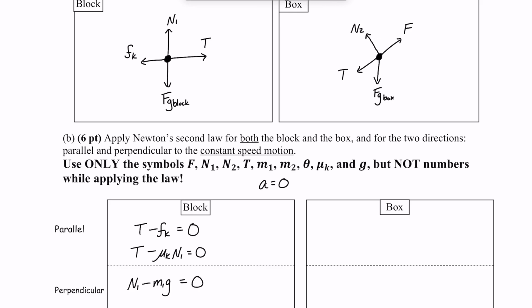For the box, it will help us if we use a tilted coordinate system, where parallel, or x, is going to be parallel to the incline, and perpendicular, or y, is going to be perpendicular to the incline.